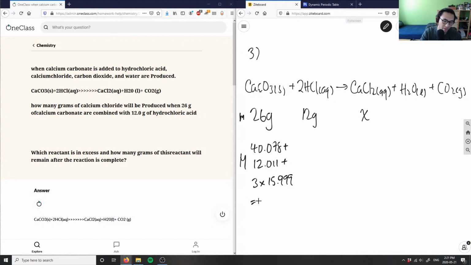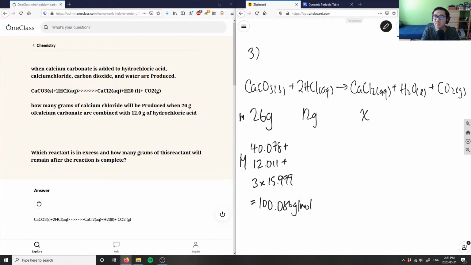This is going to be a value of 100.086, and this here will be my molar mass of this compound. So 100.086 grams per mole.